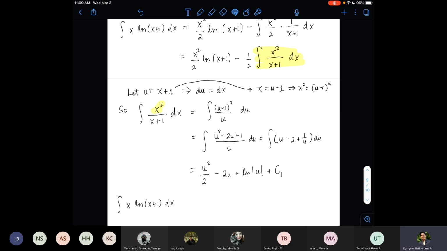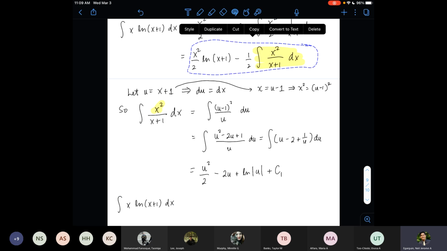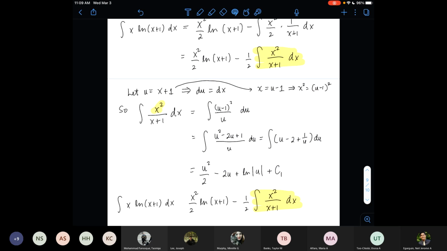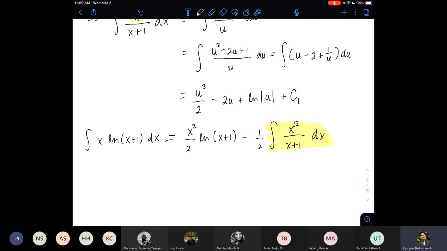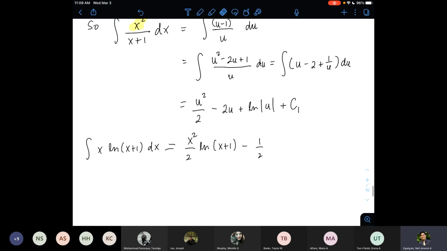So this guy is equal to this. Right? Okay. But we already knew that this integral over here is equal to what we computed earlier.